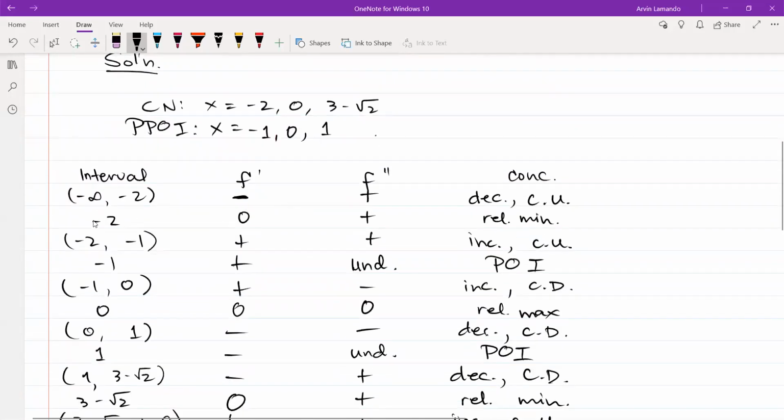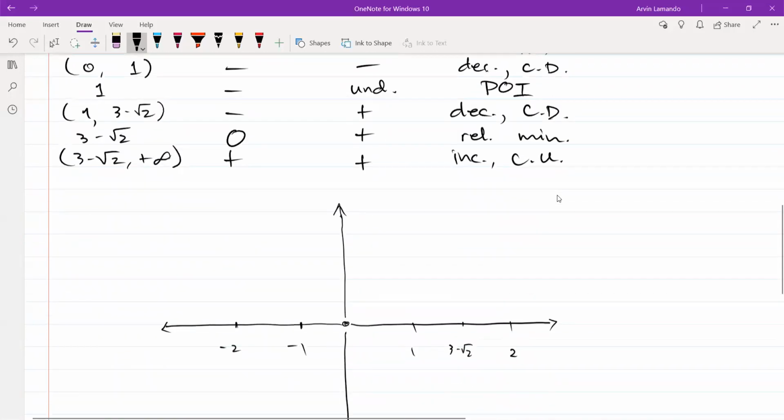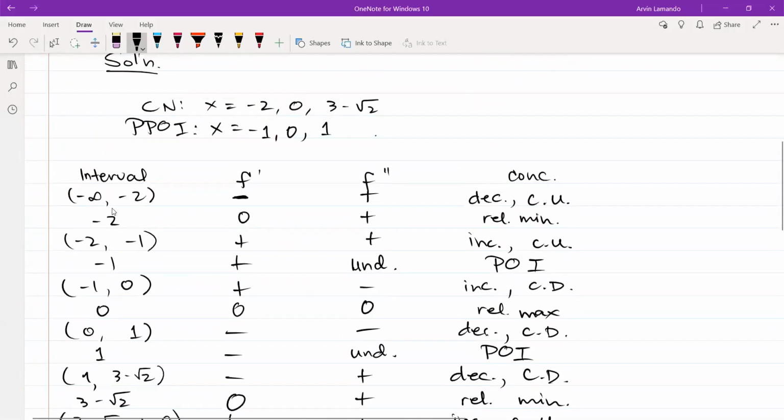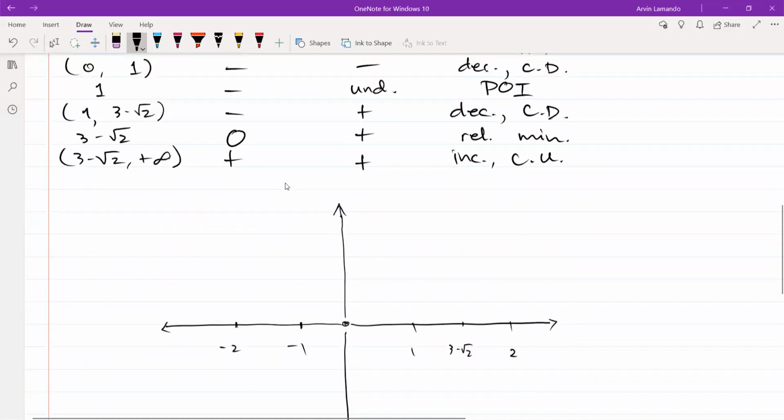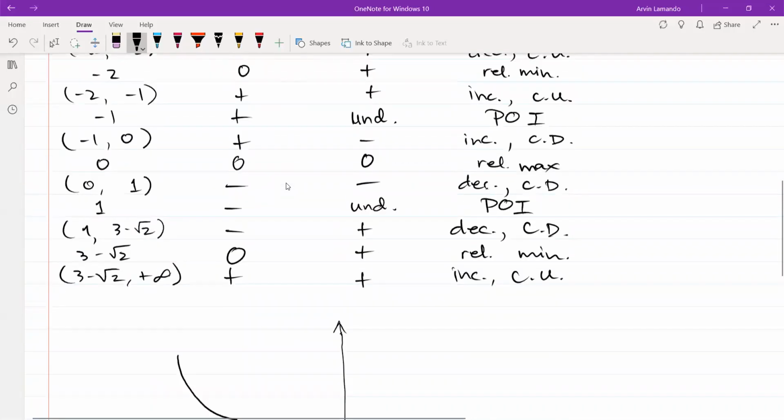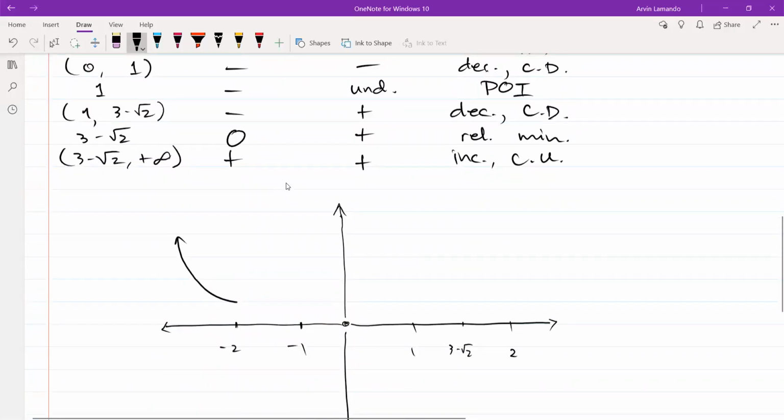So we know that f should be decreasing and concave up from negative infinity to negative 2. So it should look something like this. It's decreasing but concave up. Of course, you can translate your curve around. This is just a possible graph.